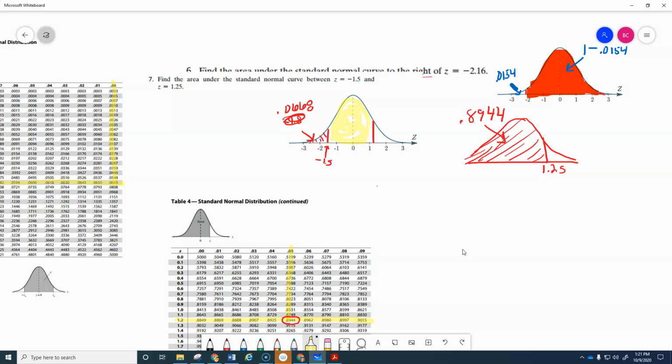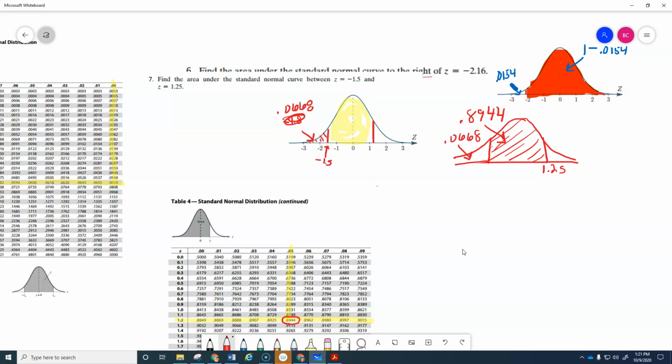What I have found is 0.8944, that's from this all the way back. What I would like to do is erase this portion of it, because that's really all I want. Well, that's 0.8944, and this piece right here is 0.0668.